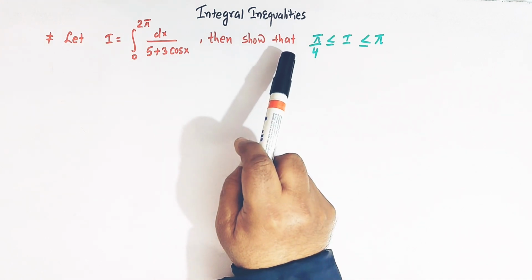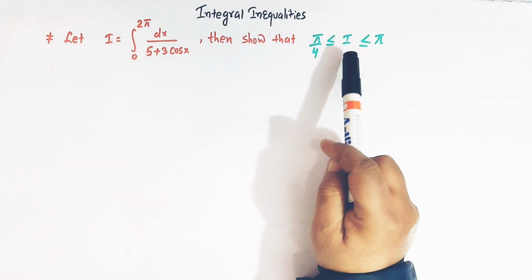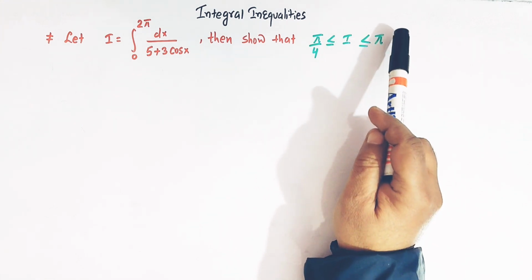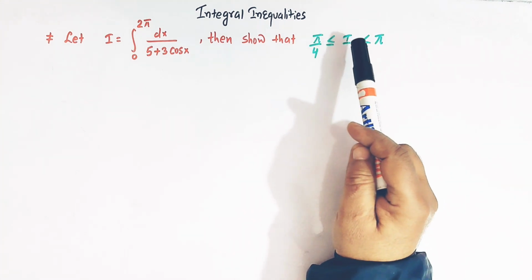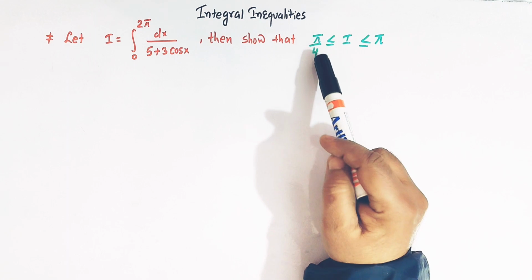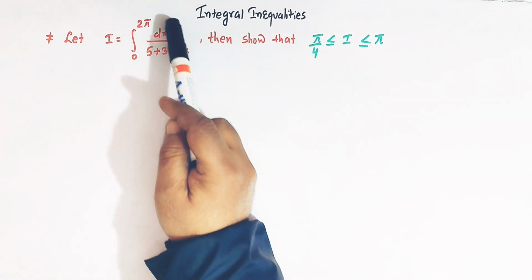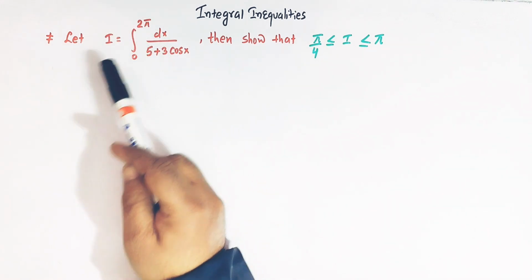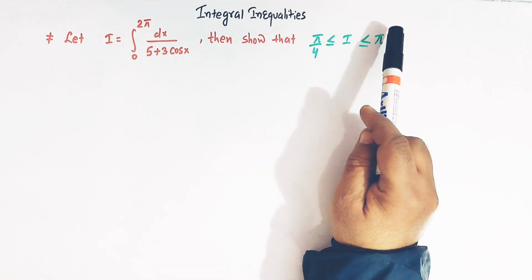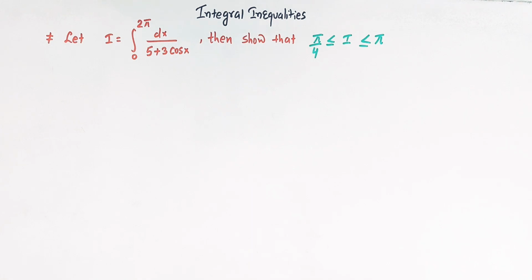Then we have to show that I satisfies this inequality: I is greater than or equal to pi by 4 but less than or equal to pi. Without evaluating this integral, we have to arrive at this inequality.